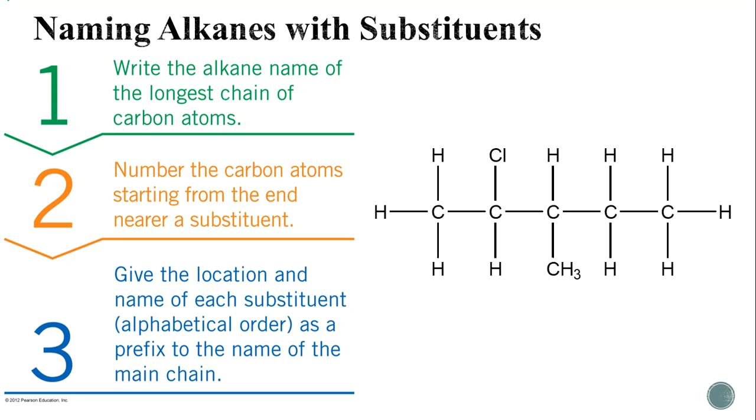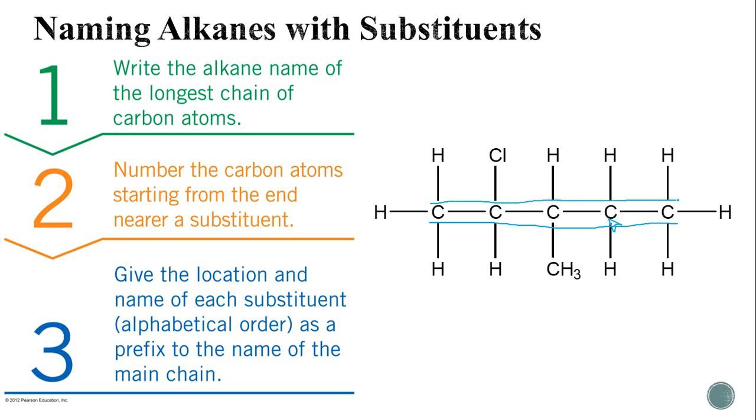Here is the example that we're going to walk through together. The first thing we need to identify is our carbon chain right here. That's the backbone of our structure.